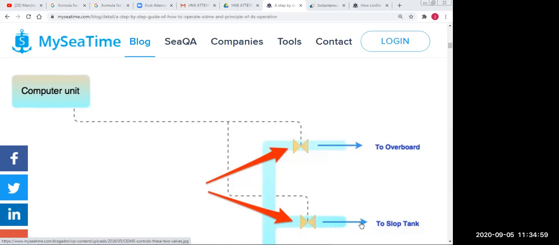When we are doing tank cleaning, whatever oily water is collected in the tank, we put into the slop tanks. Waste oil mixed with water from all the tanks is put in the slop tank, and that we want to discharge overboard. But we should not discharge full oily mixture overboard, because oil is very hazardous for the environment.